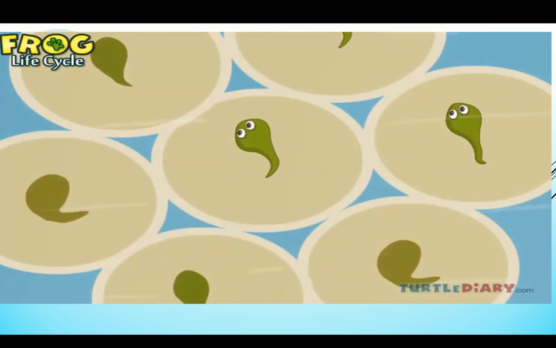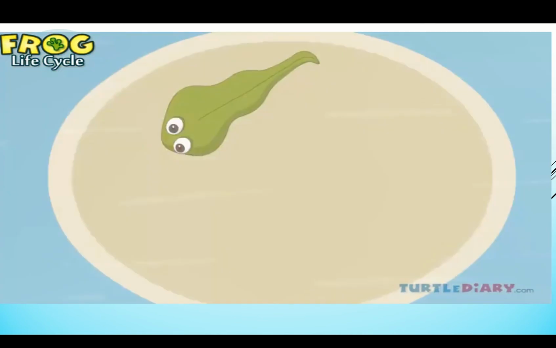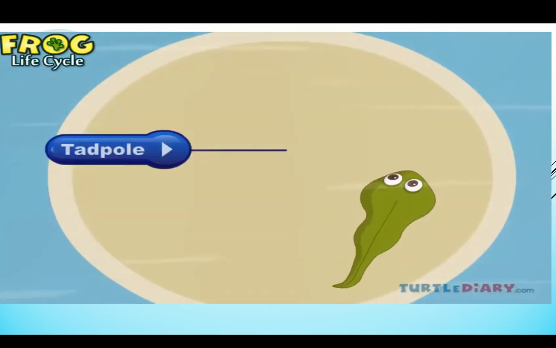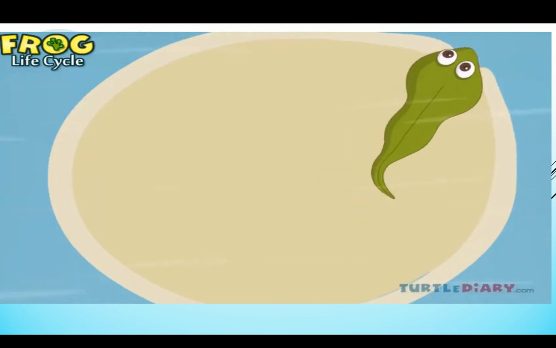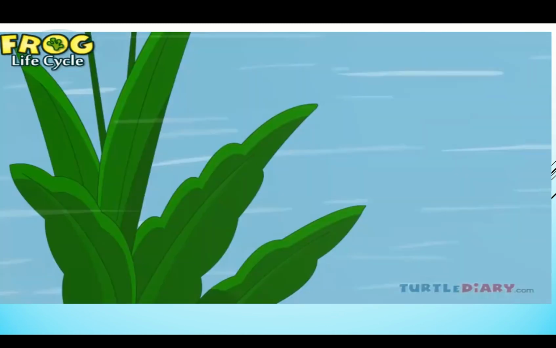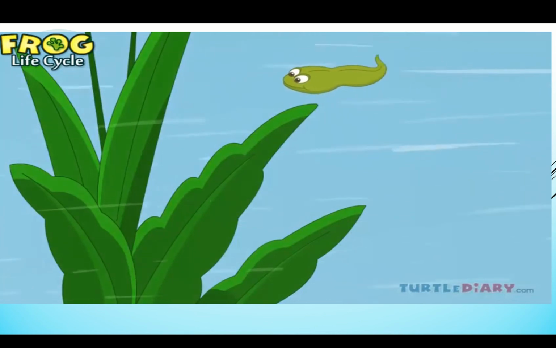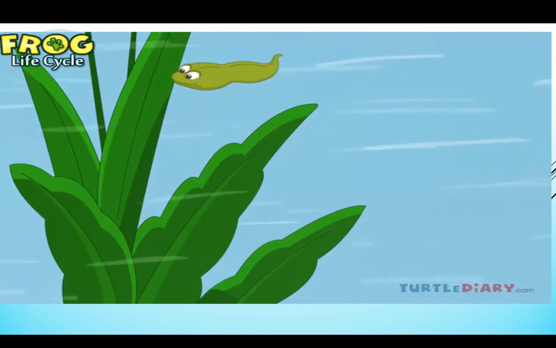After some time, the baby frogs develop a tail and they look like fish. They are called tadpoles. Shortly after hatching, the tadpole feeds on the yolk of the egg. After a few days, the tadpole can swim around and eat algae.